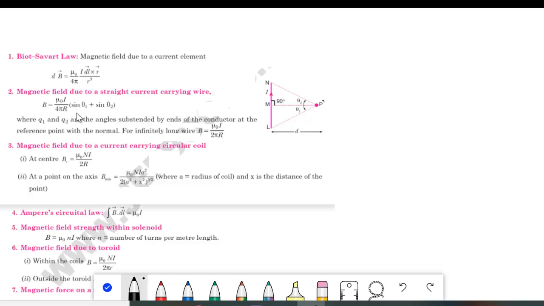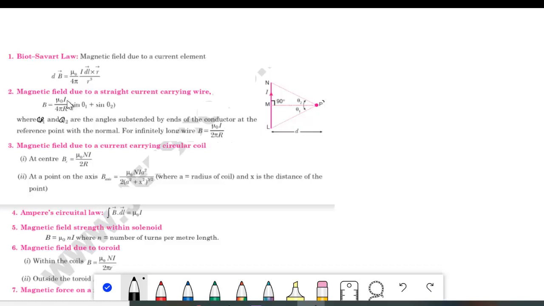Here you need to know what is meant by theta 1, theta 2, and so on. Theta 1 and theta 2 are the angles subtended by the ends of the conductor at the reference point with the normal. If the point P is at a distance r, then for an infinitely long straight wire, it will be mu 0 I by 2 pi r.